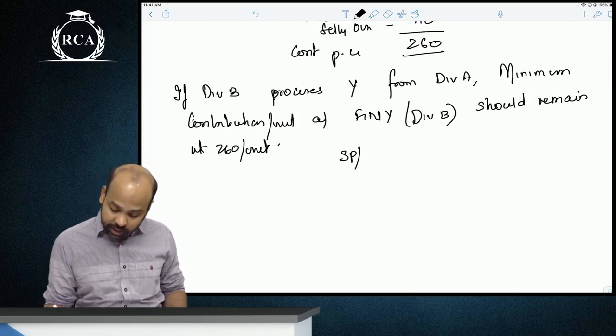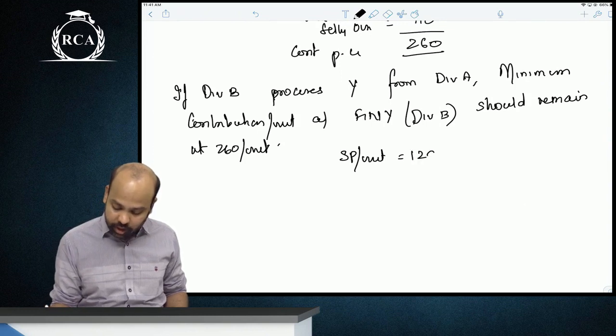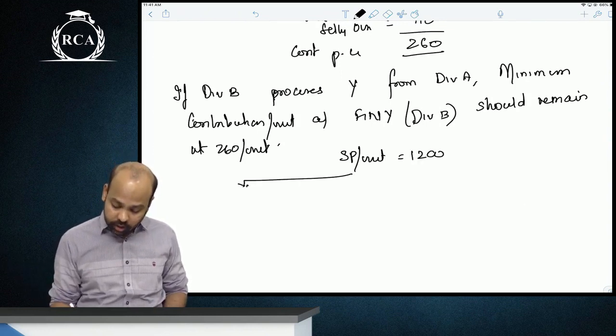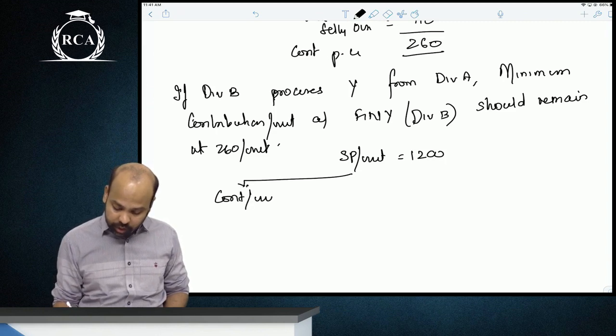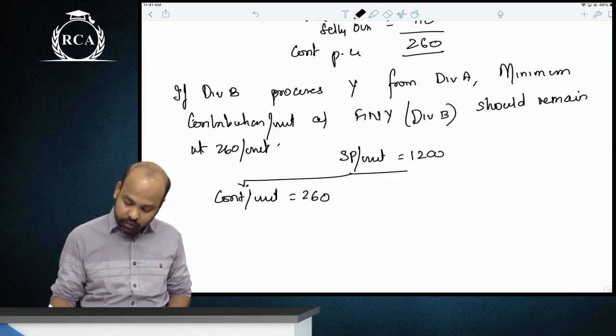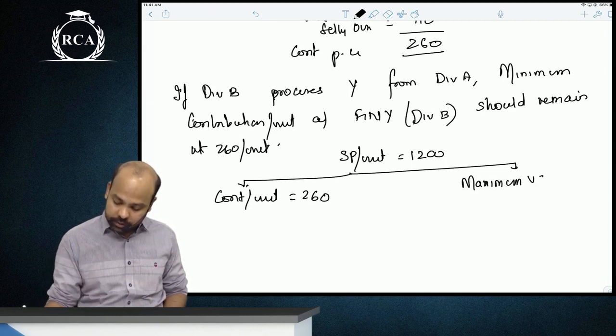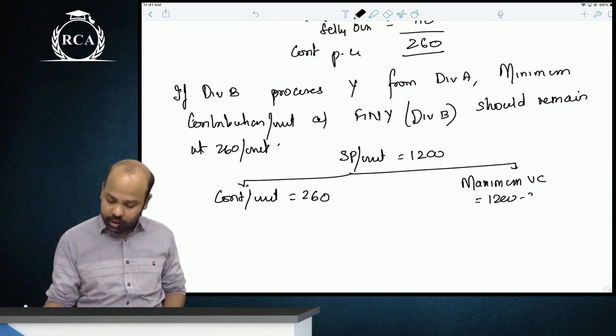See guys, their selling price per unit would be 1200 if they procure product Y. Their contribution per unit should be 260. So their maximum variable cost should be 1200 minus 260, sir, 940.